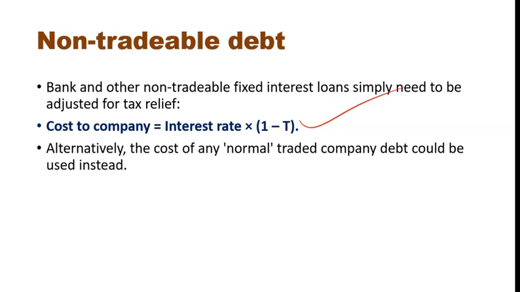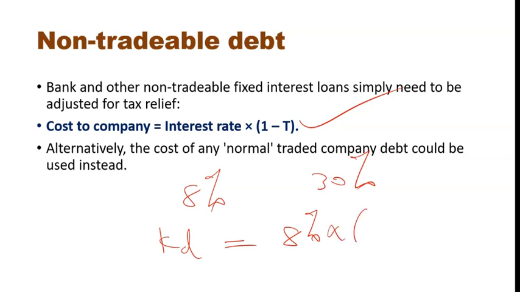So if the interest rate is 8%, then KD, given the rate of tax of 30%, would be 8% multiplied by 1 minus 30%, and this means 8% multiplied by 0.7.